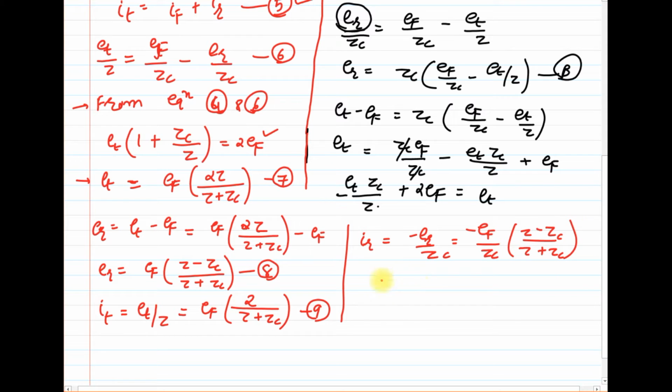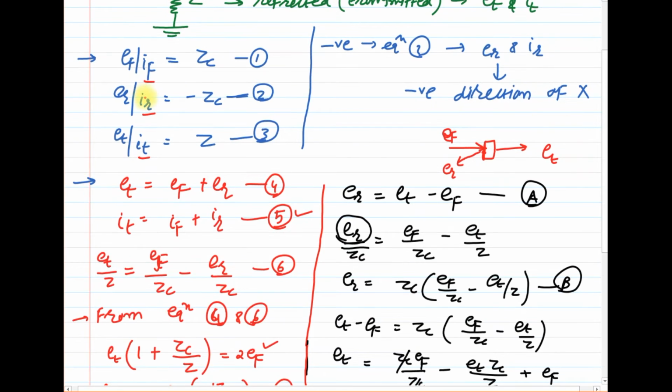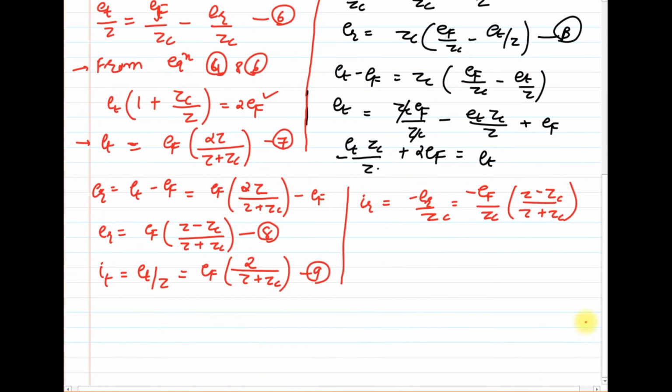Clear? So the final answer EF by ZC is equal to IF from equation number 1. So we write over here IR is equal to IF into bracket ZC minus Z divided by ZC plus Z. Clear? This is the final equation of our theory.